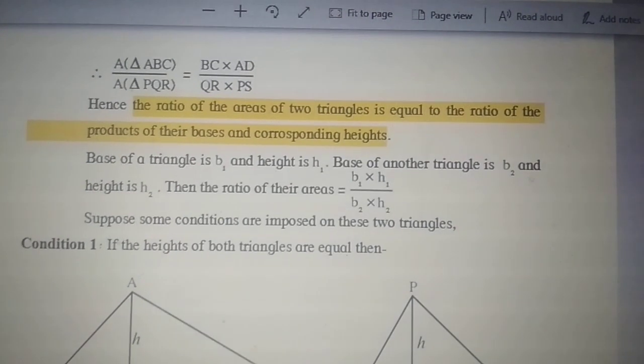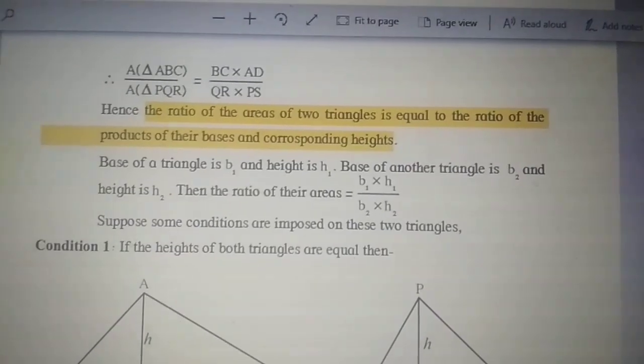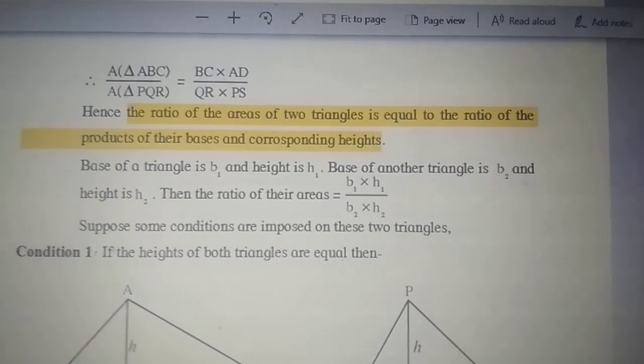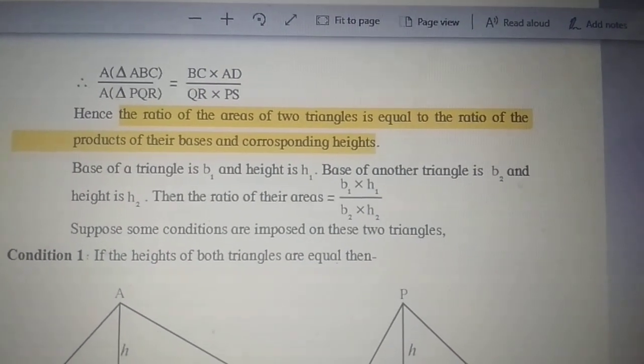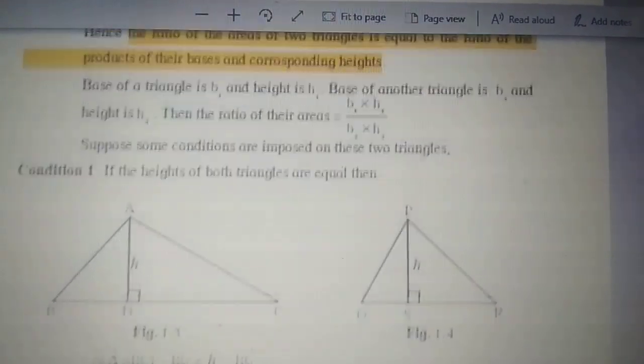That is, the ratio of areas equals b1 into h1 upon b2 into h2, where b1 is the base of the first triangle, h1 is the height of the first triangle, b2 is the base of the second triangle, h2 is the height of the second triangle.